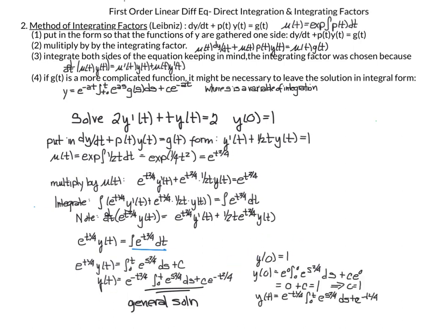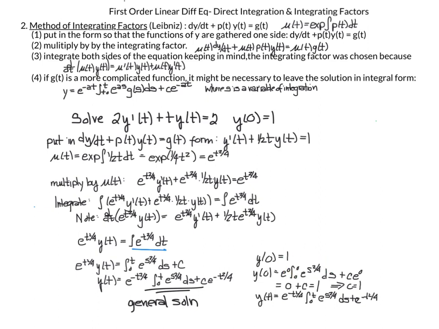For our initial value, I have t equals 0, y equals 1. So plugging in t equals 0, I have e to the 0 times the integral from 0 to 0 of e to the s squared over 4 ds, plus c times e to the 0, and that all equals 1.